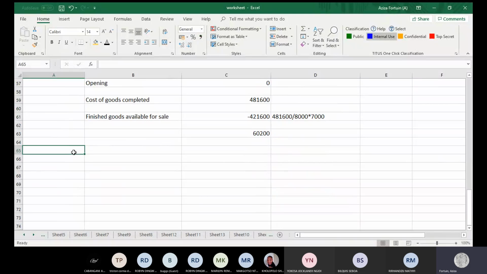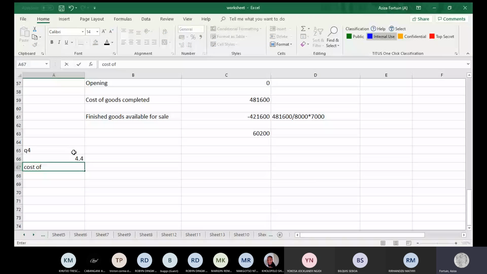Let's look at the next one, question 4. But let's only do 4.4, where we're preparing a cost of goods manufactured. Okay, so let's just take a minute, 4.4, and we're only going to do a cost of goods manufactured.